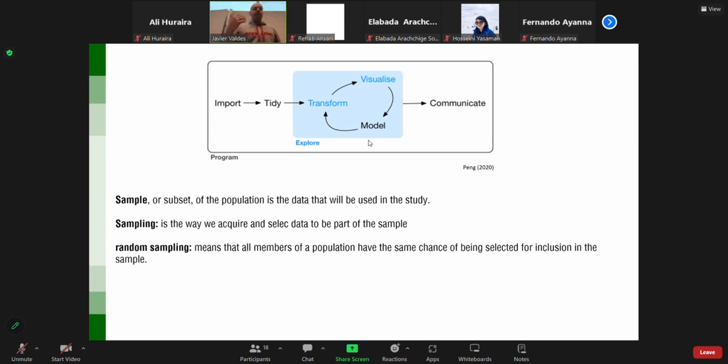How to do sampling is part of statistics. So how to conduct sampling is also very relevant. And what we usually want to have is some kind of random sampling. You don't want to work with the whole data set because it's going to be very time-consuming, and it will also require specific hardware.